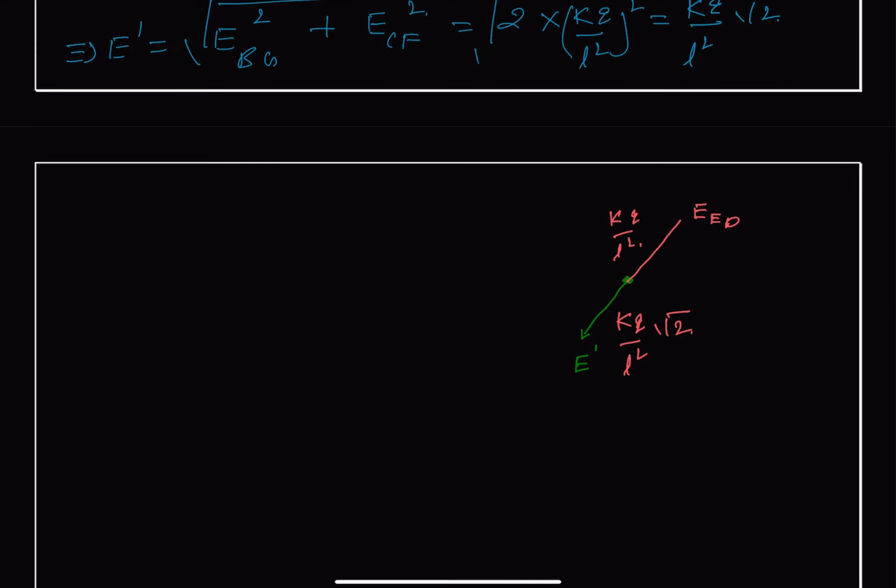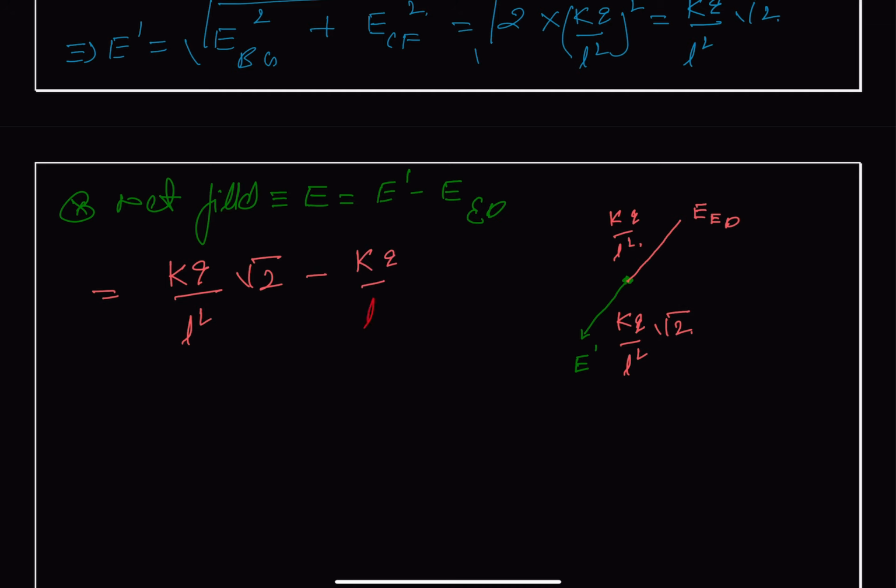So we can say net field, let us call that our E, will be equal to our E prime minus EED. So E prime is kq upon L square times square root of 2 minus kq upon 2L square, and we can just take common.